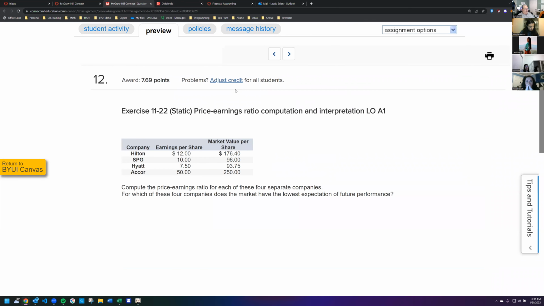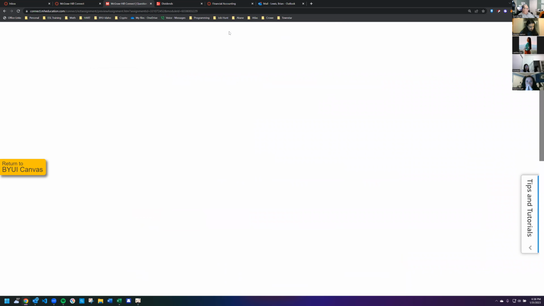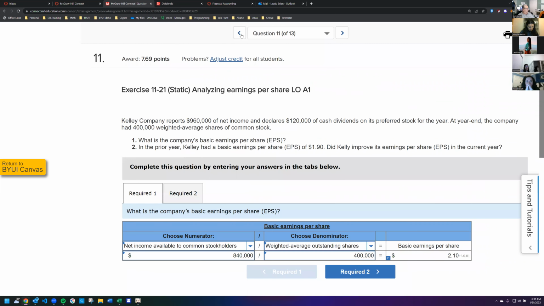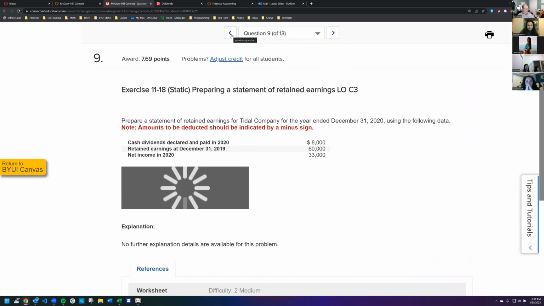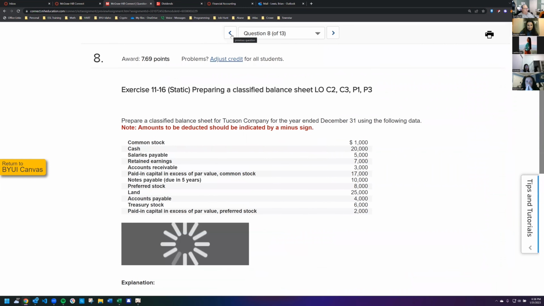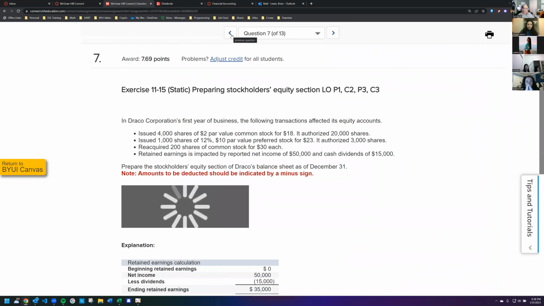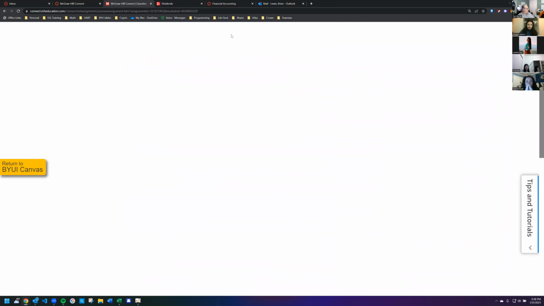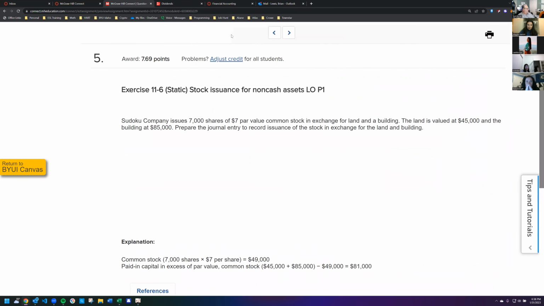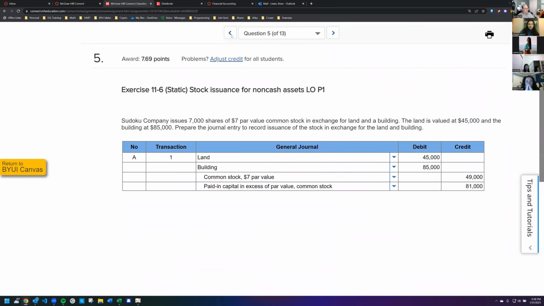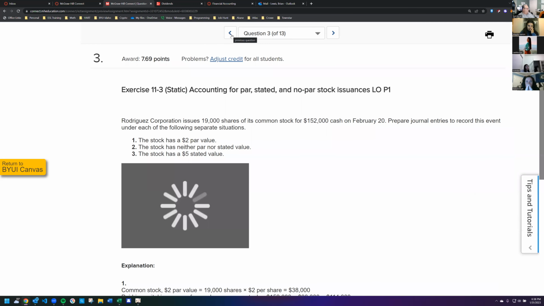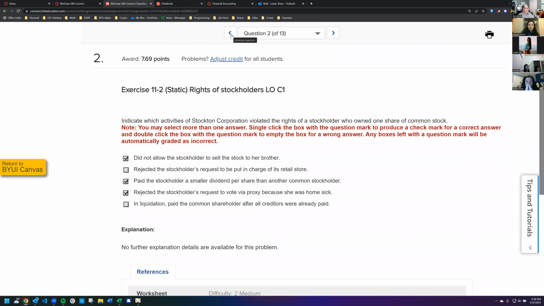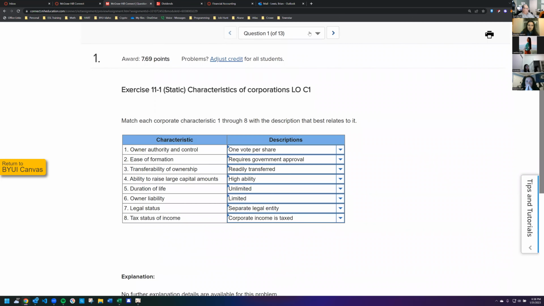Let's see, go back. Price earnings. Earnings per share. Statement of retained earnings. Classified balance sheet. Stockholders equity. Preferred stock. Issuance non-cash. Par value, non-par. Stated value. Huh, maybe they don't have one in here.